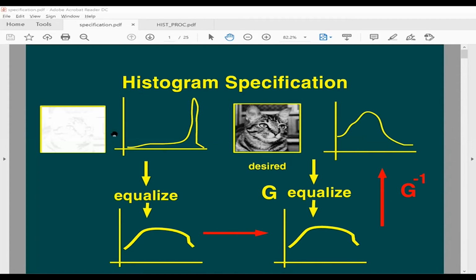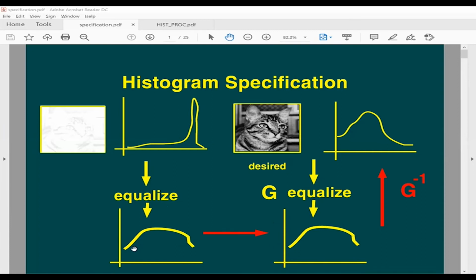And this is what you have. The initial histogram is very bright. There is not much contrast here. So what you would do is apply histogram equalization to it, and you would get a better equalized histogram here. To this histogram also, you would apply equalization.